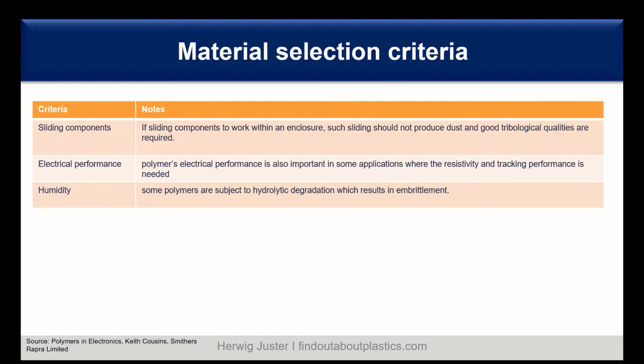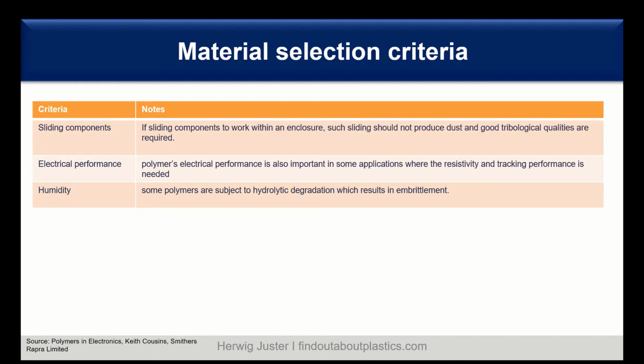Furthermore, it can also be that we have some sliding components involved in this electrical device. So if this is the case, this should be as less as possible dust production and to keep good tribological qualities. Then of course electrical performance of the material.